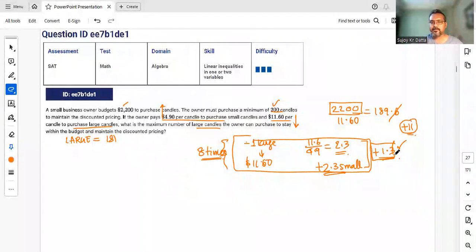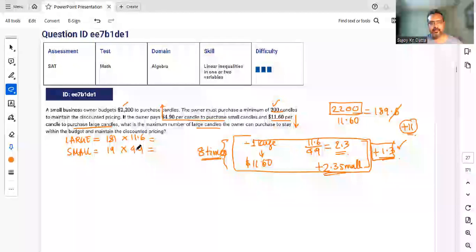Because a lot of approximations are involved, decimals and all, we'll have to adjust that. If large were 181, then small would be the remaining 200 minus 181, so that is 19. Let's calculate the cost. So 181 times 11.6 and 19 times 4.9.